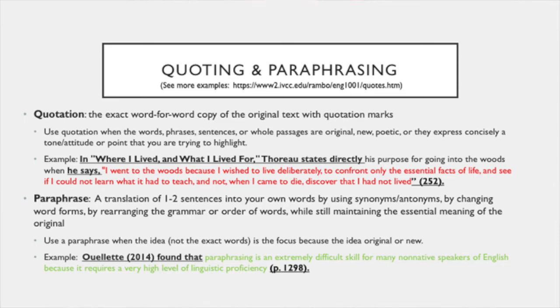Now, students often want to know, when do I use a quotation, and how much of a quotation should I use? Well, in general, you would use a quotation from an original text when the specific word or words, phrases, sentences, or whole passages are particularly original or new in your discipline, creative or poetic, or they express concisely a tone or attitude on the part of the author or a point that you are trying to highlight.